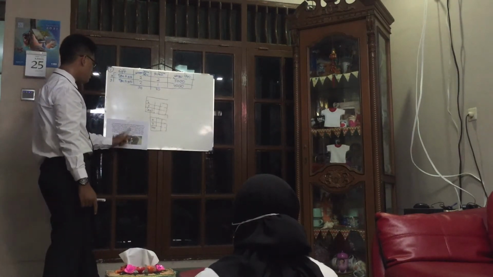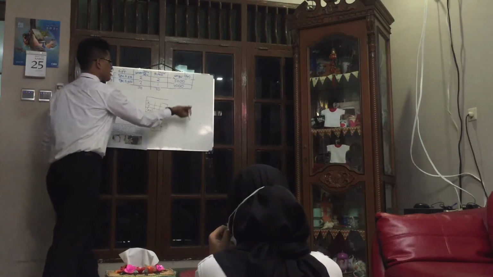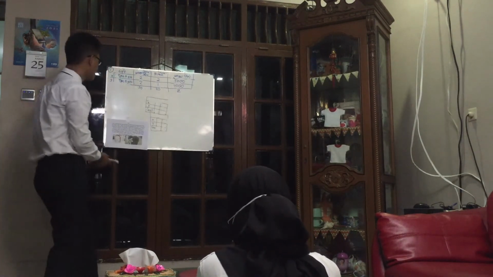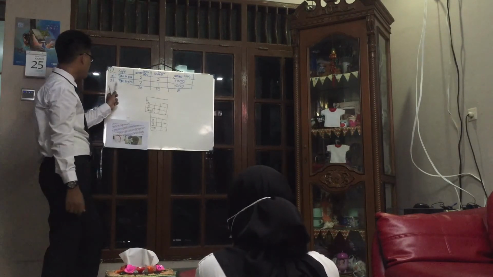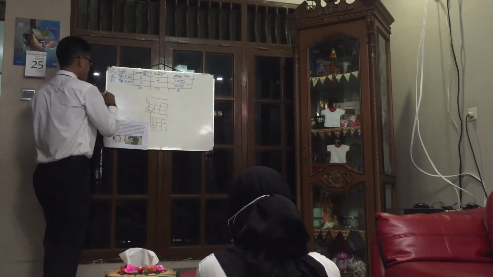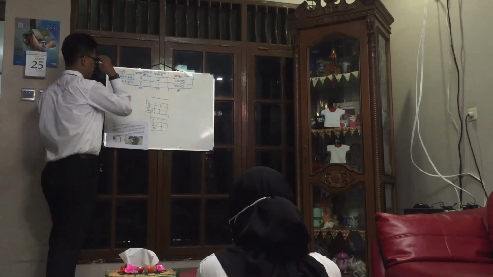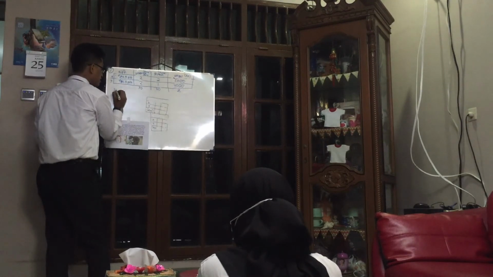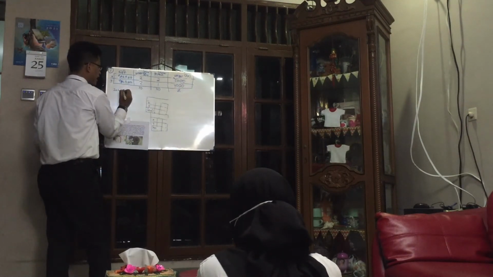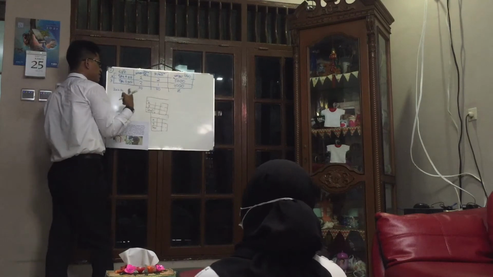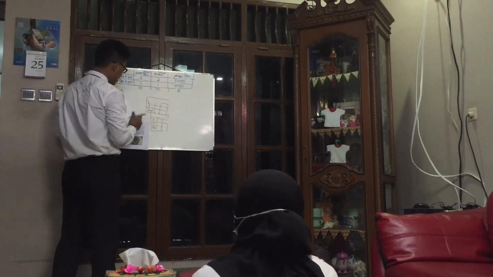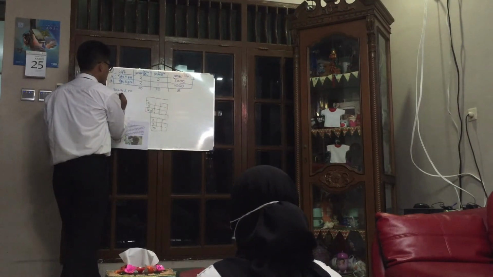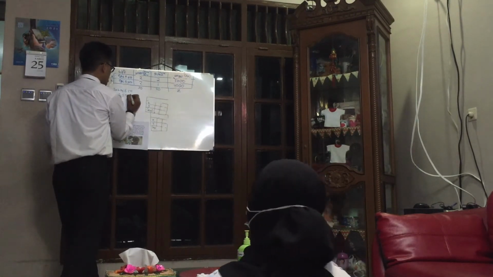The question: the maximum wage that the employee can receive, we let it be Z, so we should find the maximum Z. Okay, now that we have made the table, we can make the mathematical model. x plus 2y less than or equal to 50, and the second is 2x plus y less than or equal to 40.